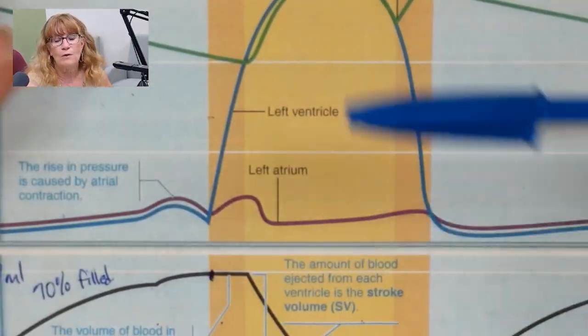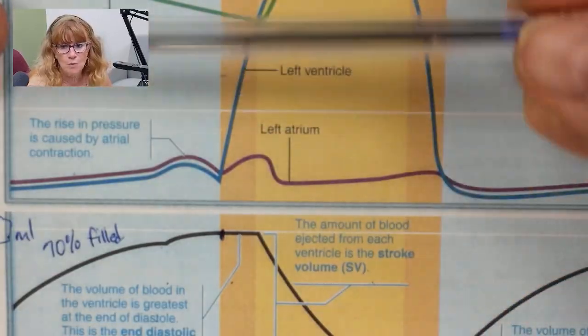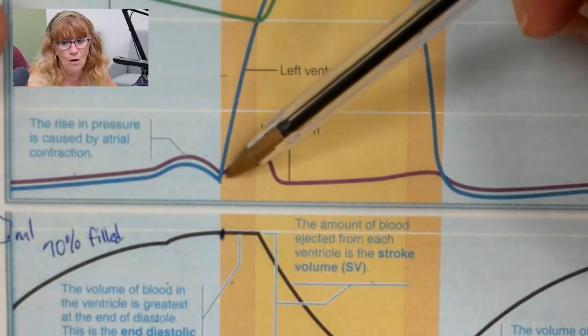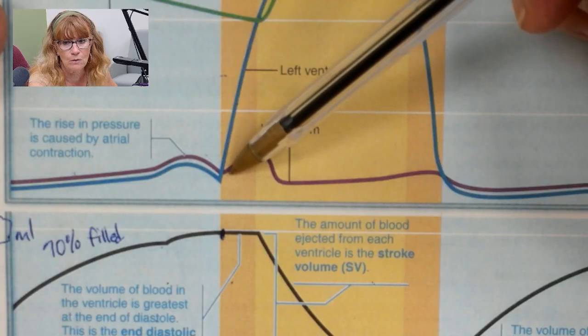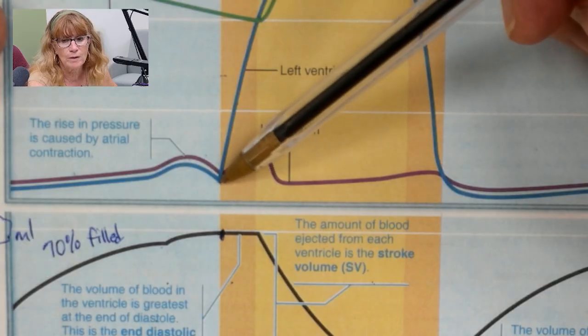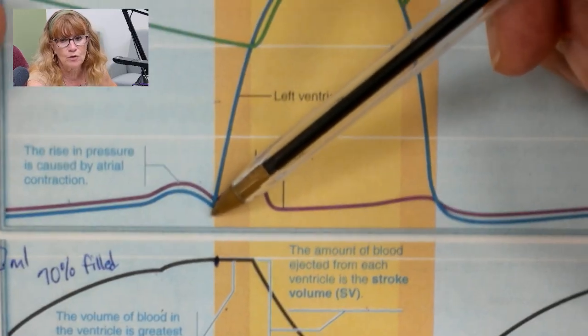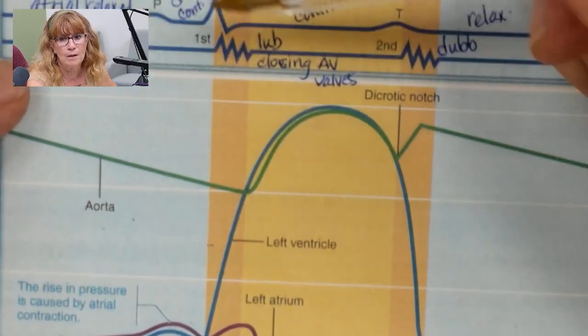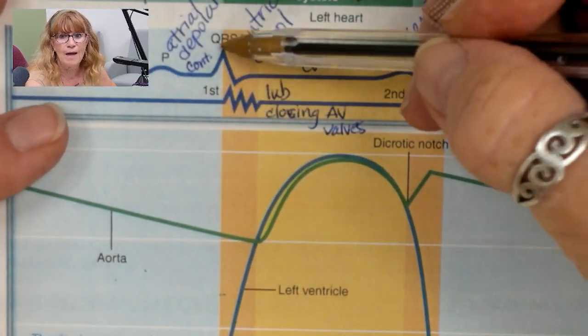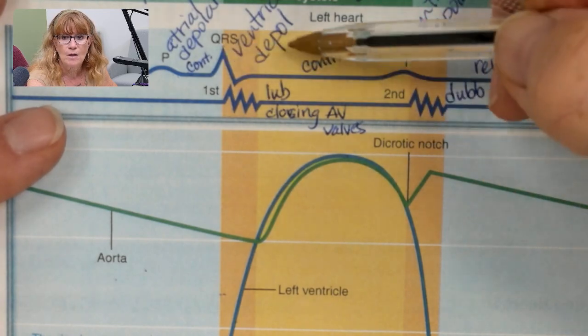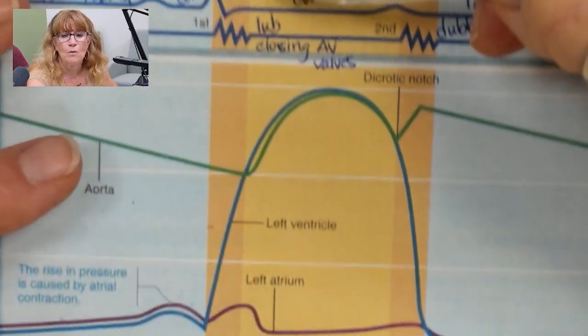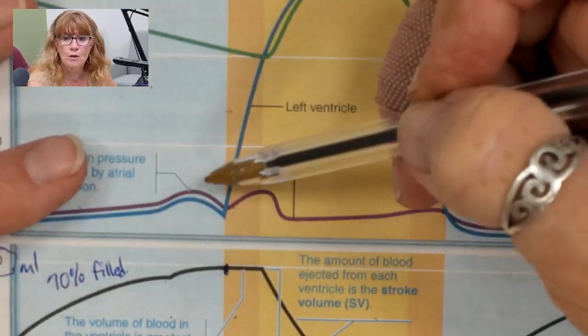Now, why would the AV valves close? Because at this point, we have now put all the blood into the atrium that we're going to put into the atrium. And so we're going to get more pressure inside of the ventricle, but we have to do one more thing to get more pressure in the ventricle, and that is the QRS complex, which is ventricular depolarization, which is going to lead to ventricular contraction.